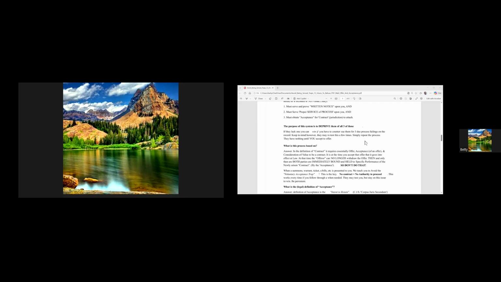You can countersue them for three due processes failing on the record. Keep in mind, however, they may test you a few times. Simply repeat the process. They have nothing until you accept the offer.